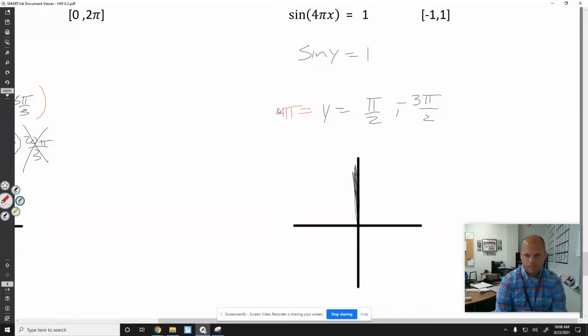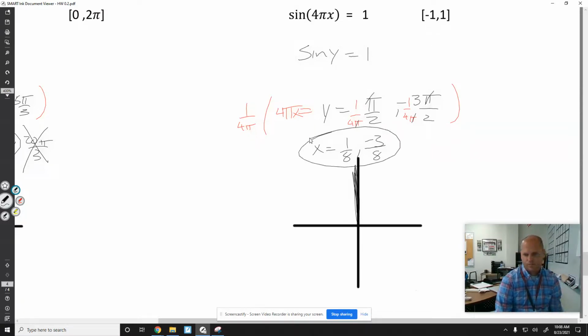So 4 pi x, divide by 4 pi or multiply by 1 over 4 pi. 1 over 4 pi gives me x solutions that are, pi's cancel, 1/8. Pi's cancel. 4 times 2 is 8. -3/8. Oh, that's between -1 and 1.